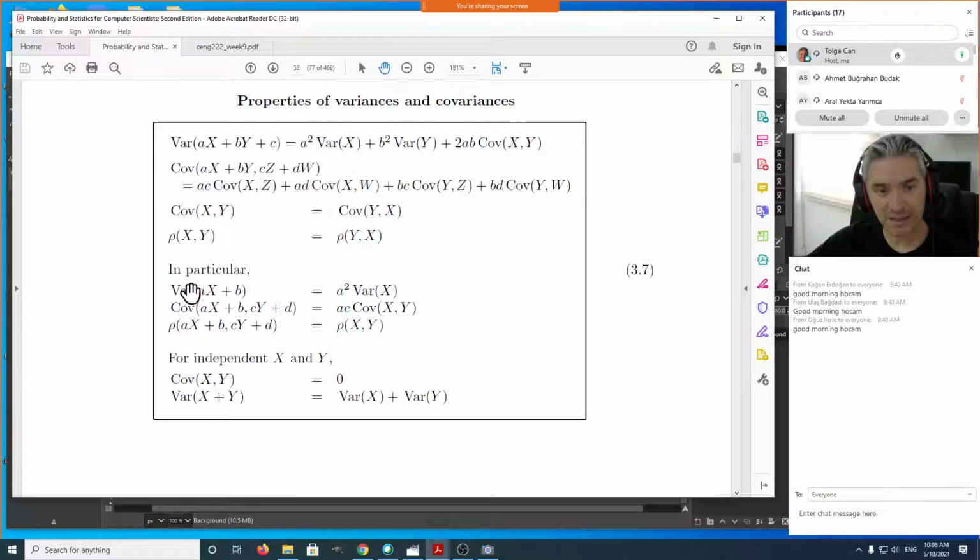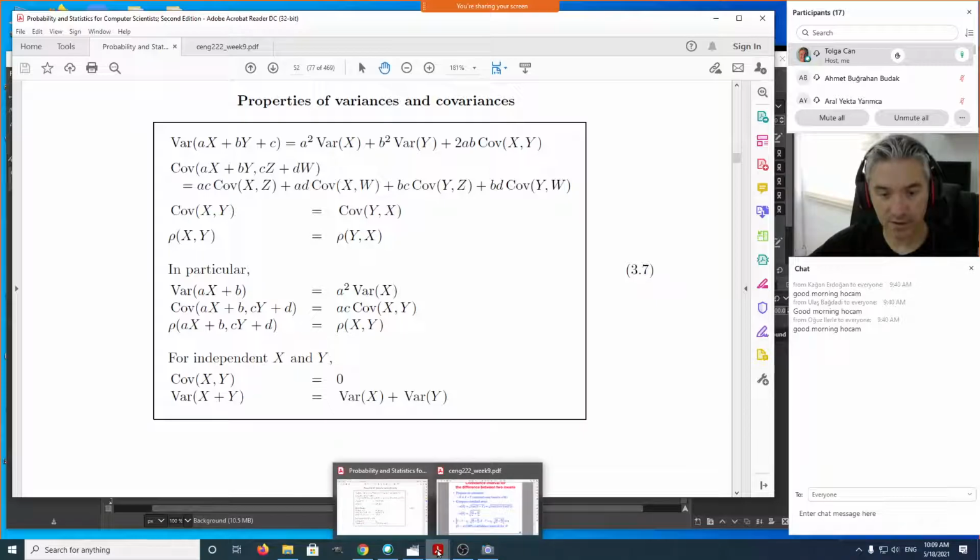So in the variance of ax, if a is minus 1, we are going to have minus 1 square, which is 1, which means that the variance of minus x is equal to the variance of x. That's why we have that on this slide.